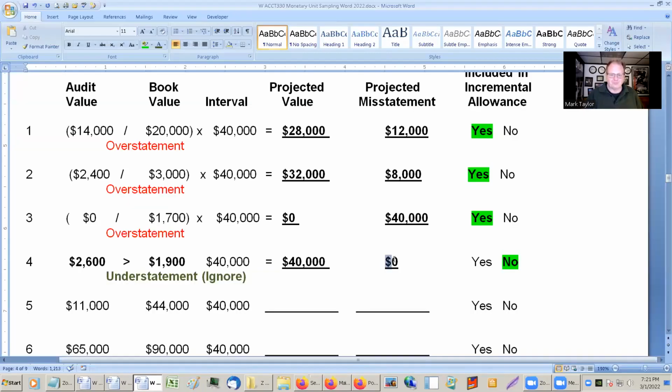It's not supposed to catch those, and if we do catch it, we throw it back. So it is not meant to catch understatements, and it completely ignores it when it does catch it. Just acts as if it's not a problem.